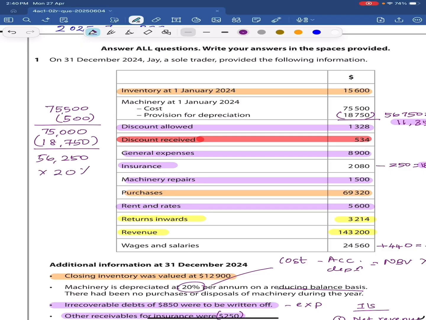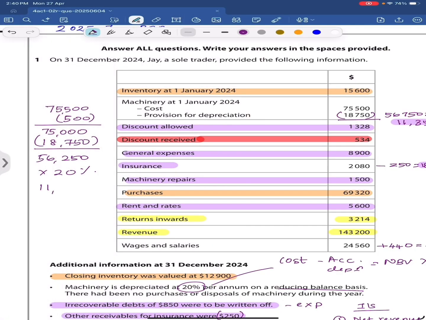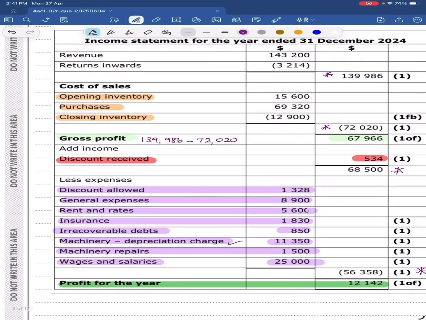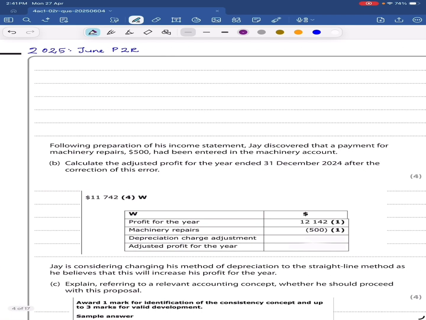Calculate 20% of it. 20%. 11,250. The actual figure should be 11,250, but we entered as 11,350 over here, as you can see.